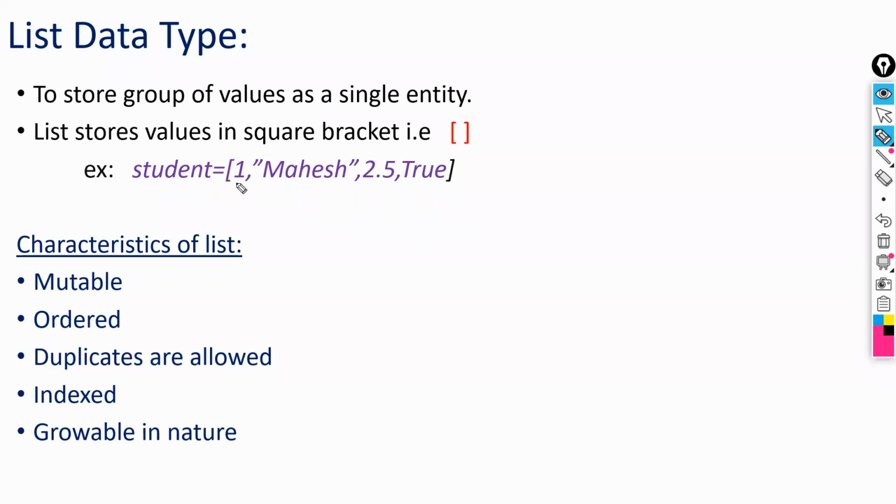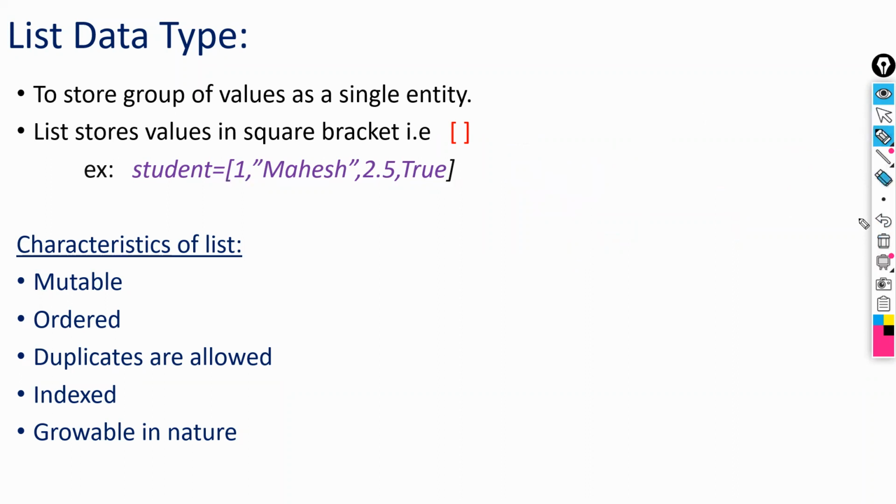So this is about the list. These are the values. Of course, you can represent only 1, 2, 3, 4, 5, 6, 7, or Mahesh, Suresh, Ramesh, like that, or else True, False, False, True. You can add homogeneous elements or heterogeneous elements, but they must be represented in between two square brackets.